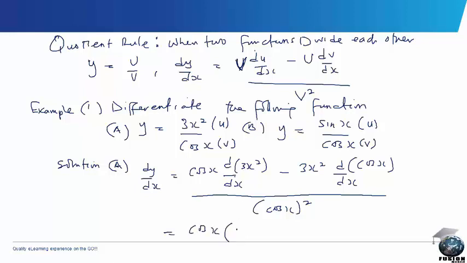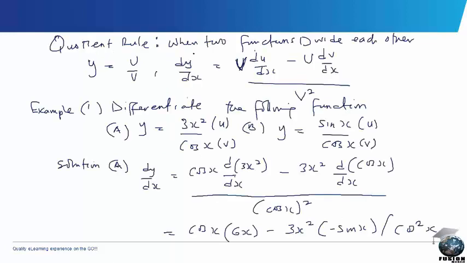This will be equal to cos x times, when you differentiate 3x squared, you have 6x, minus 3x squared, and when you differentiate cos x, you have minus sin x. Fine, and then the denominator becomes cos squared x, or cos x all squared. And so we'll go for the next slide.